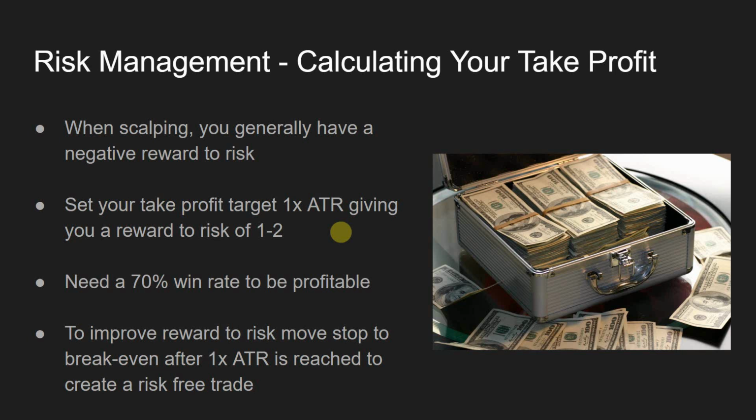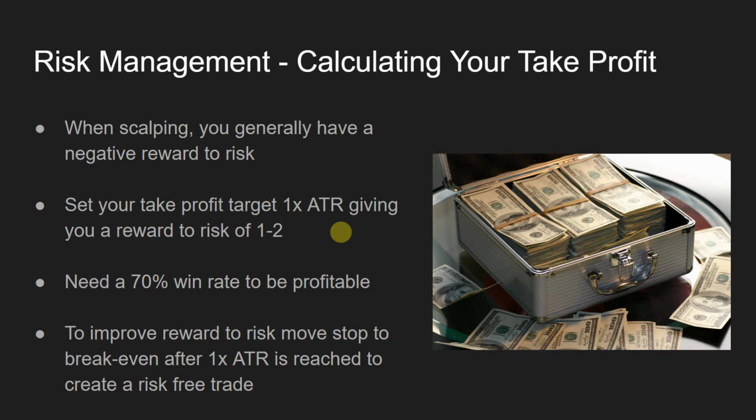One little tip that I'm going to share with you now is, when you start becoming more advanced with this, you're more comfortable placing the trades, setting your stops, setting your take profit, and you understand how price moves a bit more, what you can do to improve your reward to risk is set your 1 to 2, so risking £20 to make £10.